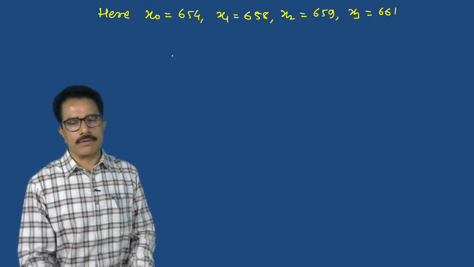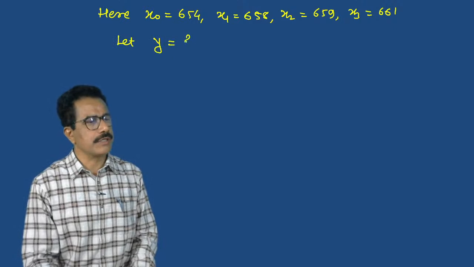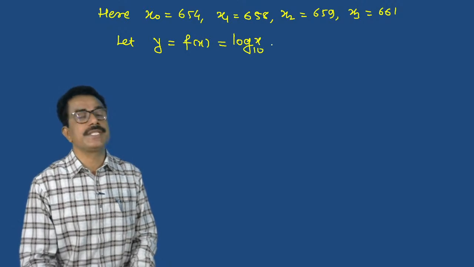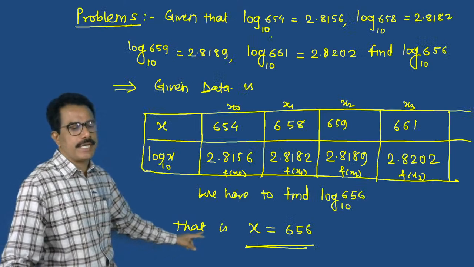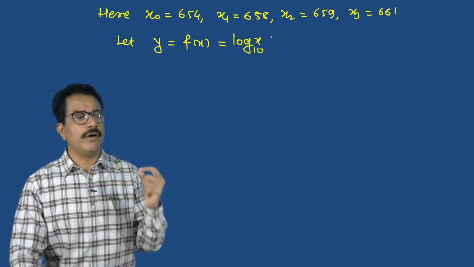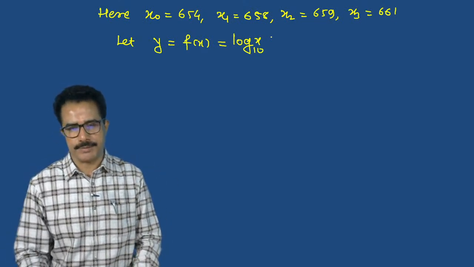So we have to calculate, let y is equals to f of x, which is equals to log of x to the base 10. X means what? 656. That means we have to find out log of 656.